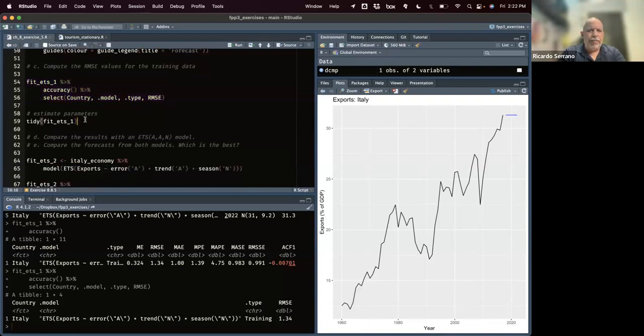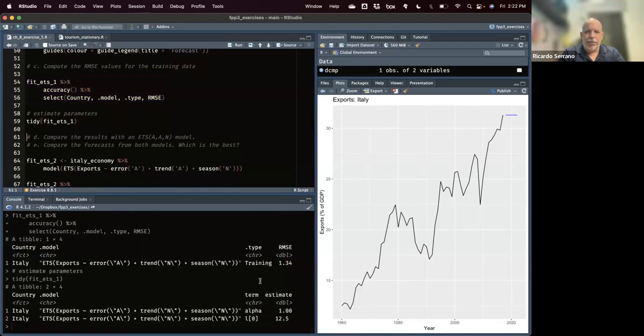And then we have the tidy output. I put it there for the parameters, and the parameters are basically the same that you got, which is the alpha of 1 and the level at 12.5. Which is basically the same model.